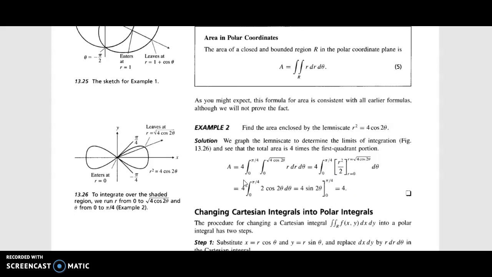So theta is from 0 to pi by 4, and r is from 0 to root of 4 cos 2 theta. After calculating this, we will get the answer as 4.